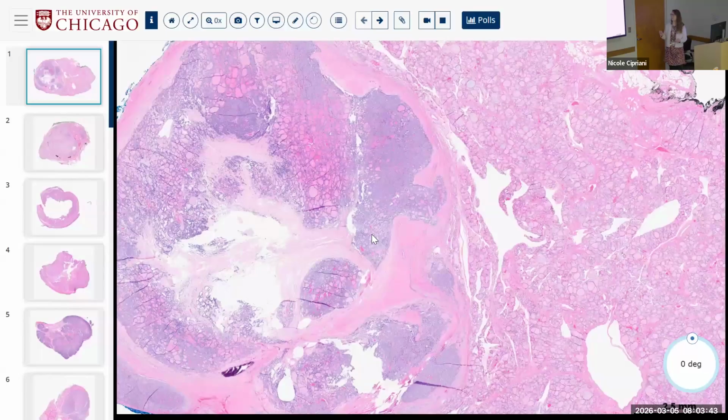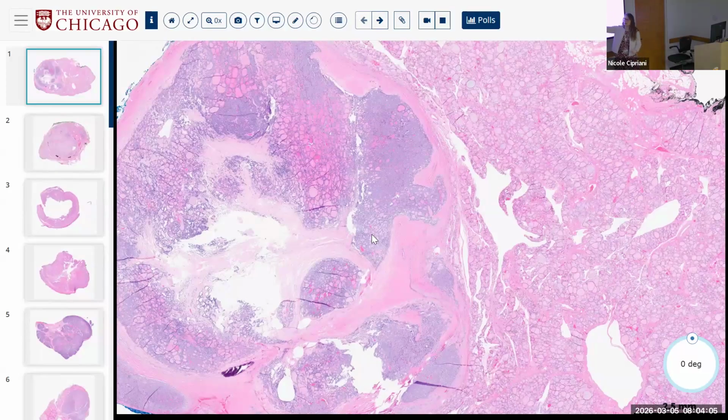So based on the morphologic pattern of invasion, not even looking at the nuclei, is this a follicular or a papillary or a medullary or something else? What would be your best guess? Follicular, right? This is the pattern of invasion of follicular thyroid carcinoma. It doesn't have small infiltrative sclerosing nests.